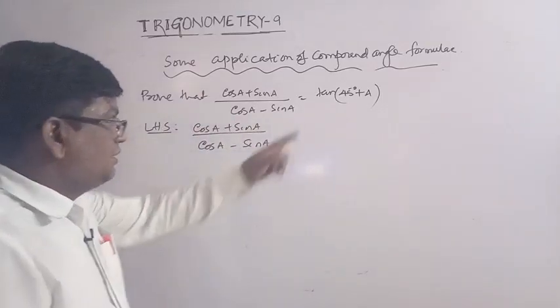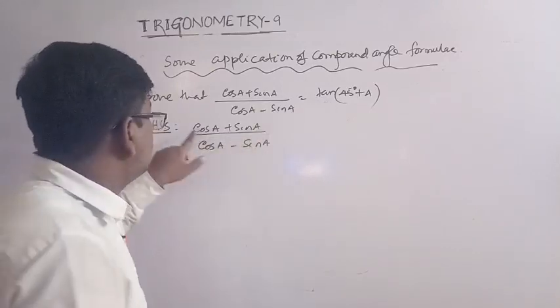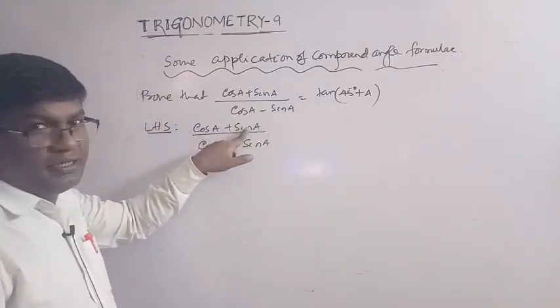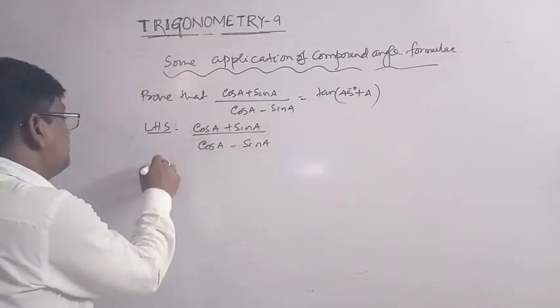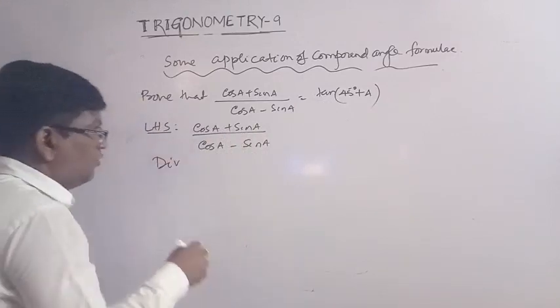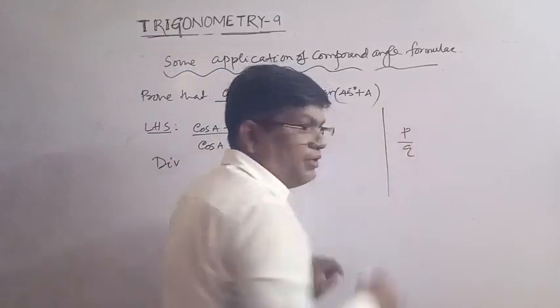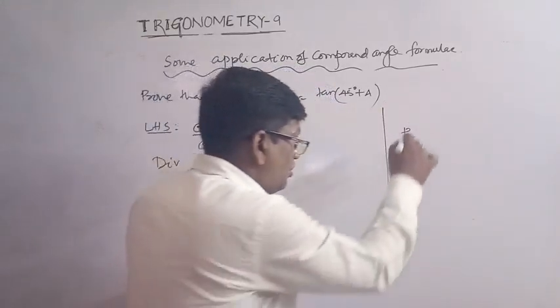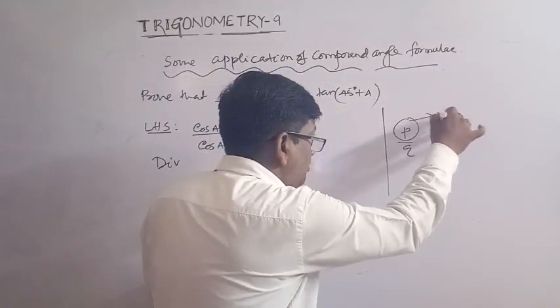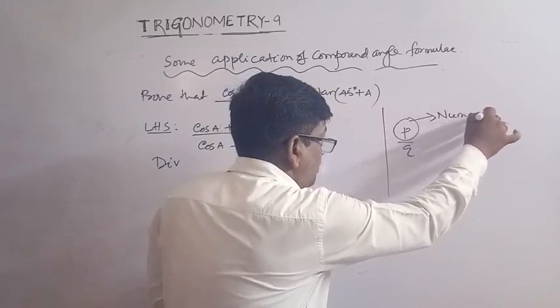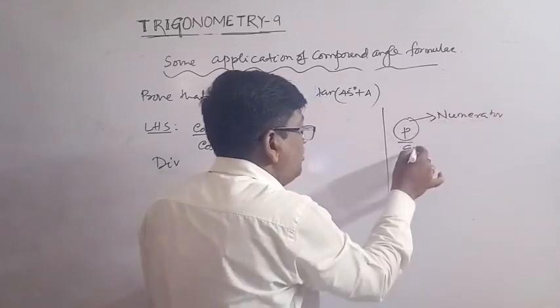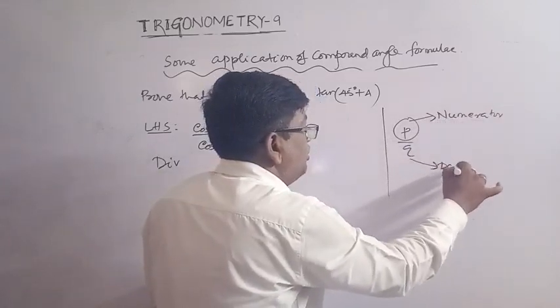The answer is in the form of tan. Here cos is present, here sin is present, so divide. You can suppose P by Q, where P is called the numerator and Q is called the denominator.